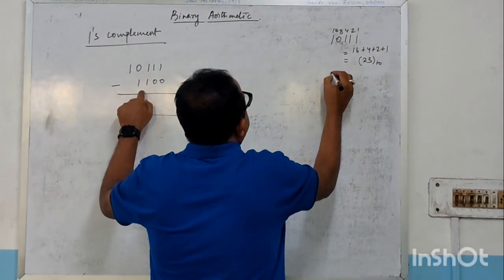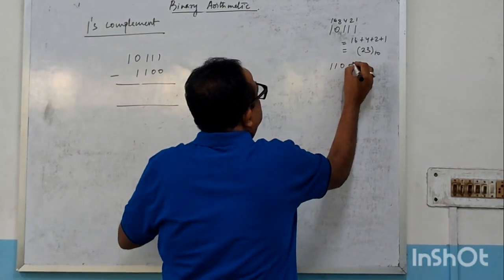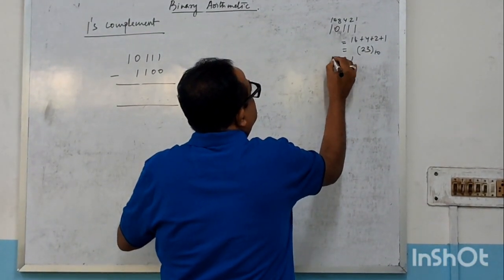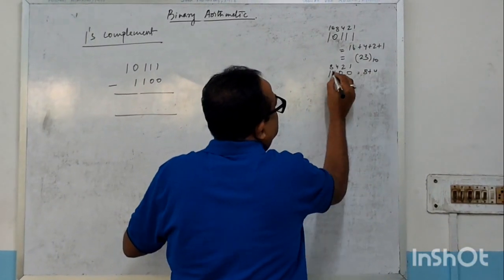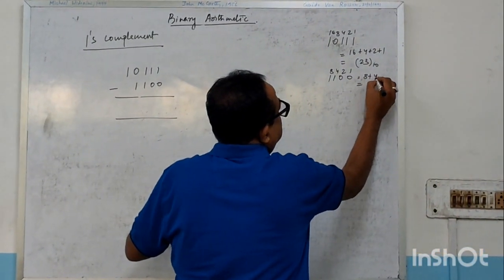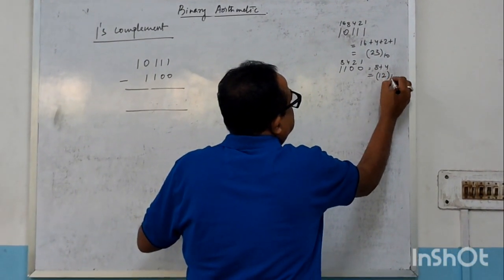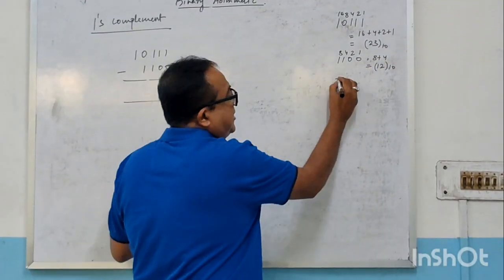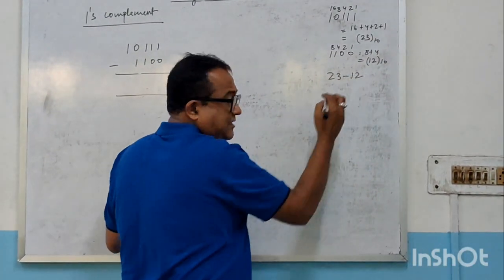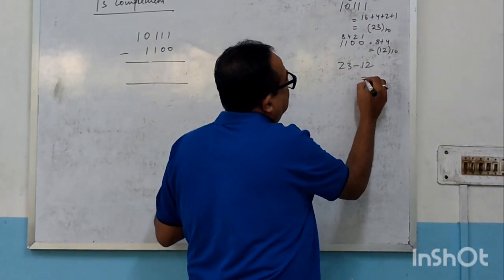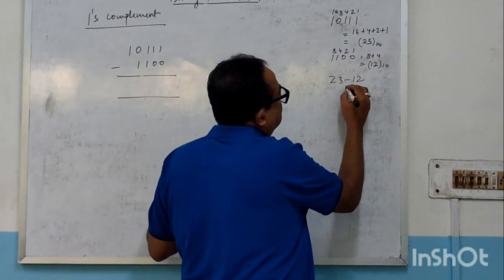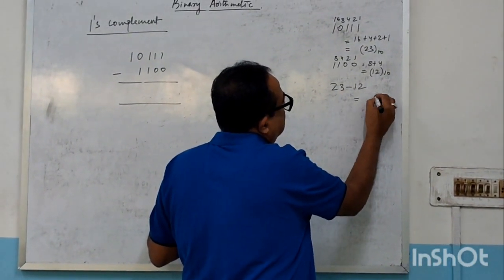Now if I talk about this 1, 1, 0, 0, again 1, 2, 4, 8. So this is 8 plus 4. Okay, so 8 plus 4 is 12. So 12 is this. Now 23 minus 12. We all know. So easy, right? Decimal subtraction. So 23 minus 12 is how much? 11.